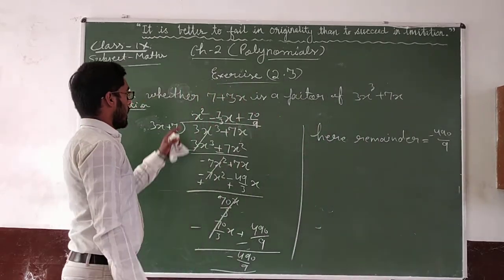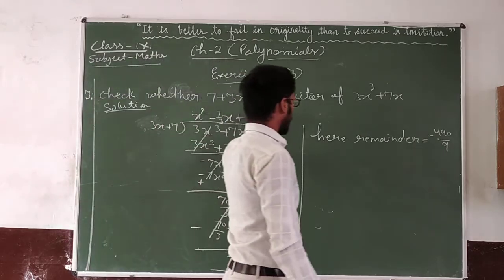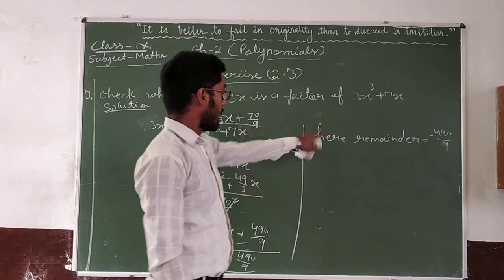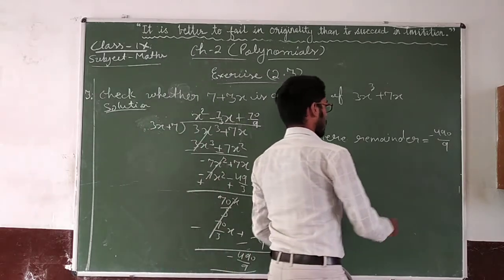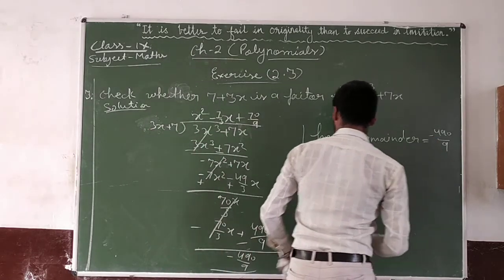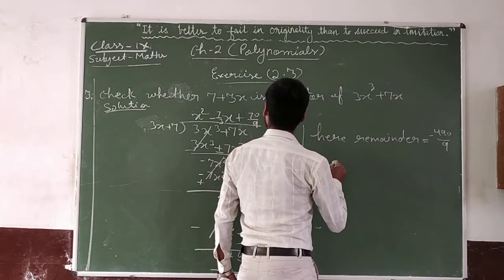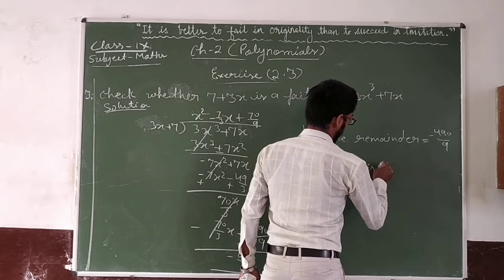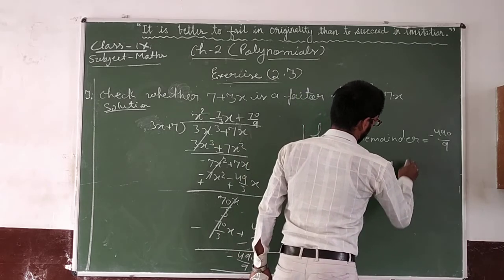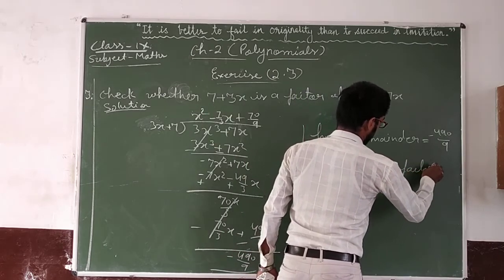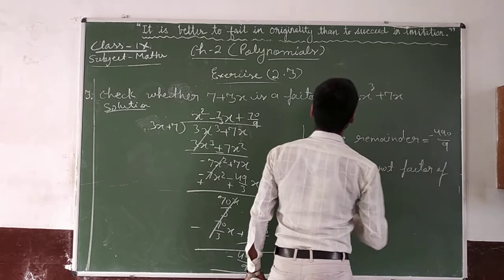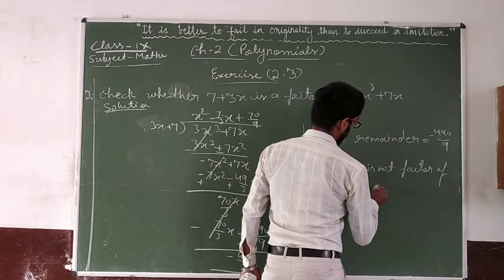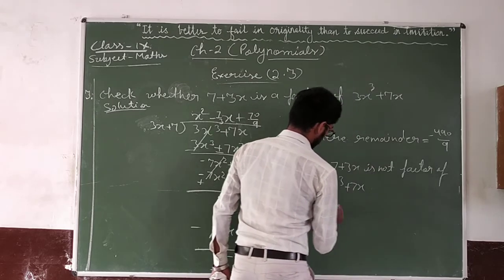And if 7 plus 3x is a factor of 3x cube plus 7x, then the remainder should be 0. And here the remainder is not 0. So 7 plus 3x is not a factor of 3x cube plus 7x. Okay. Henceforth.